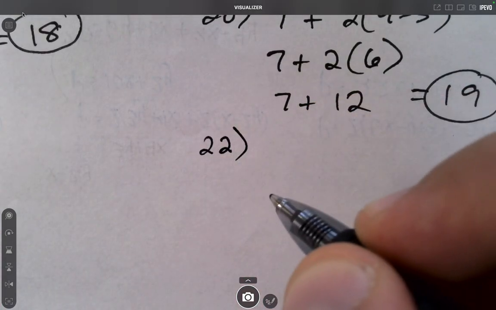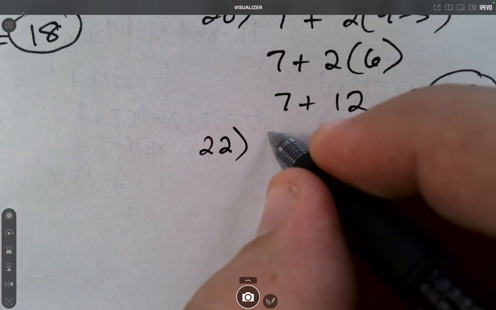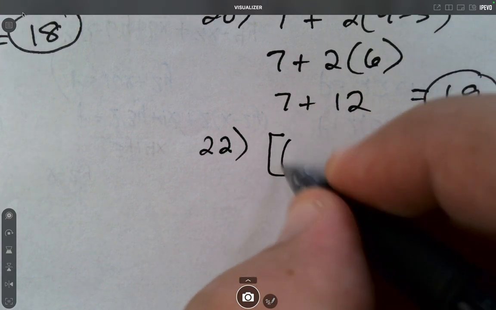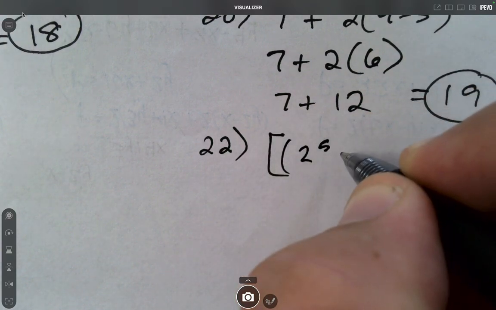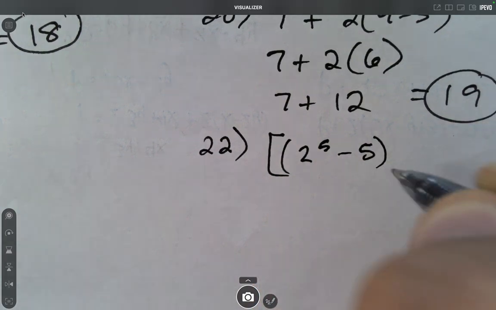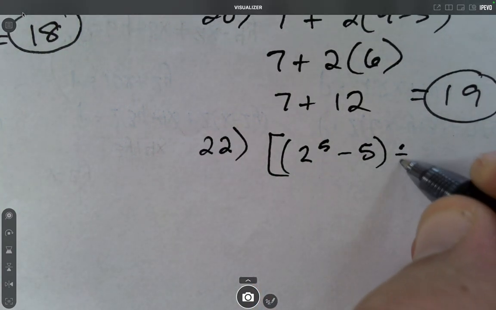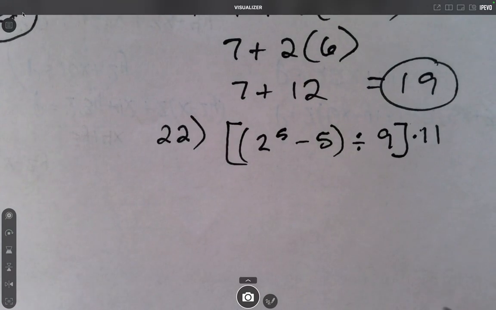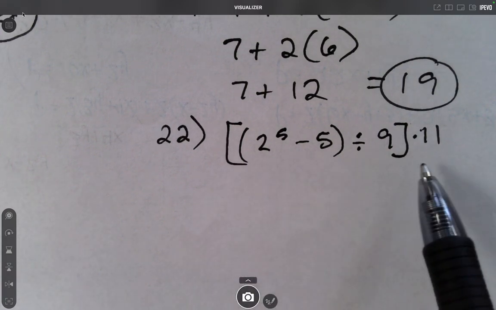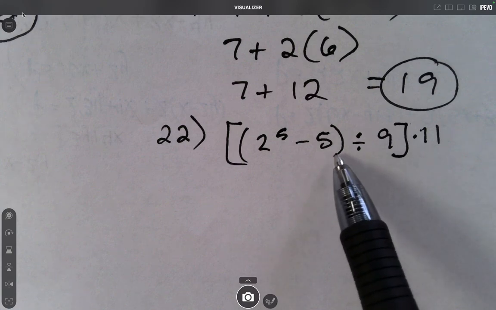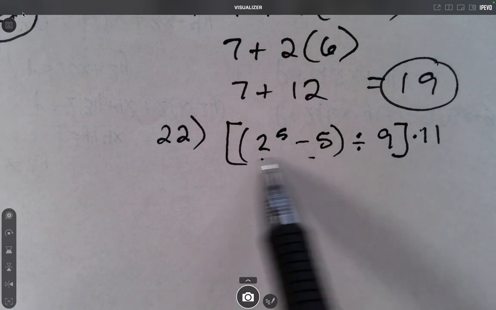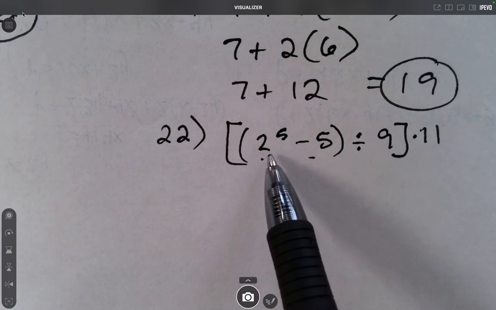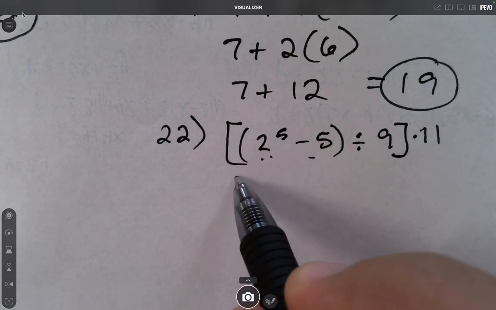Okay, 22. 2 to the 5th minus 5 divided by 9 times 11. So we do the innermost parentheses first. So the brackets count as parentheses, but since there's parentheses inside that, we got to look inside here first. And inside here, we got to take care of the exponent before we do anything else.